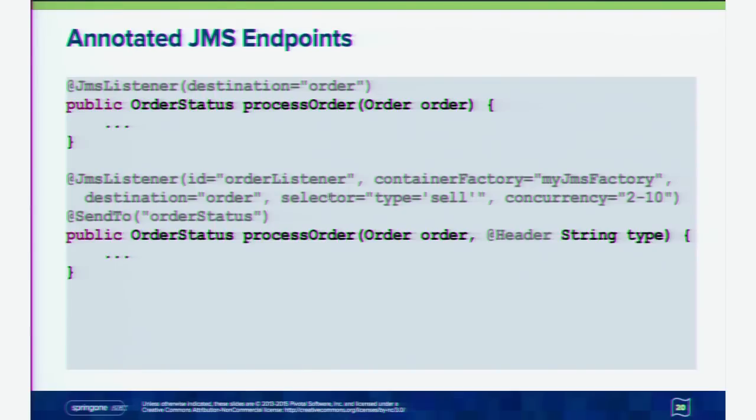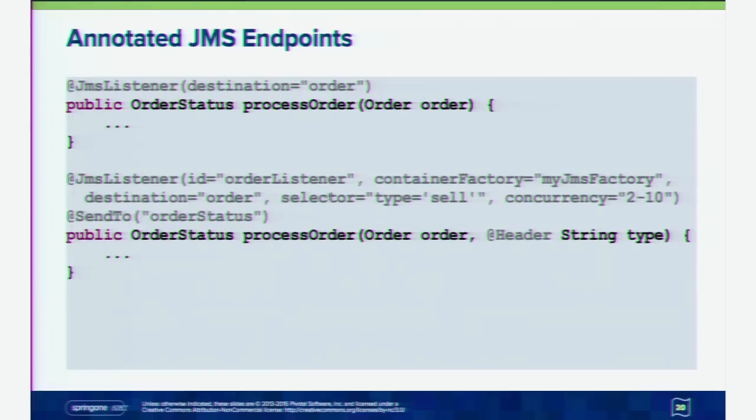If you need to fine-tune the endpoint listener more specifically, there are plenty of fields allowing you to do that, plenty of ways to add selectors, to add concurrency levels, and so forth, and to give information about the response destination, because those methods are not just allowed to accept an incoming payload object in a pre-converted form, they are also allowed to return a payload object that we're going to turn into a response message and send back to the reply destination given, or to the send to destination given if that annotation is specified here.